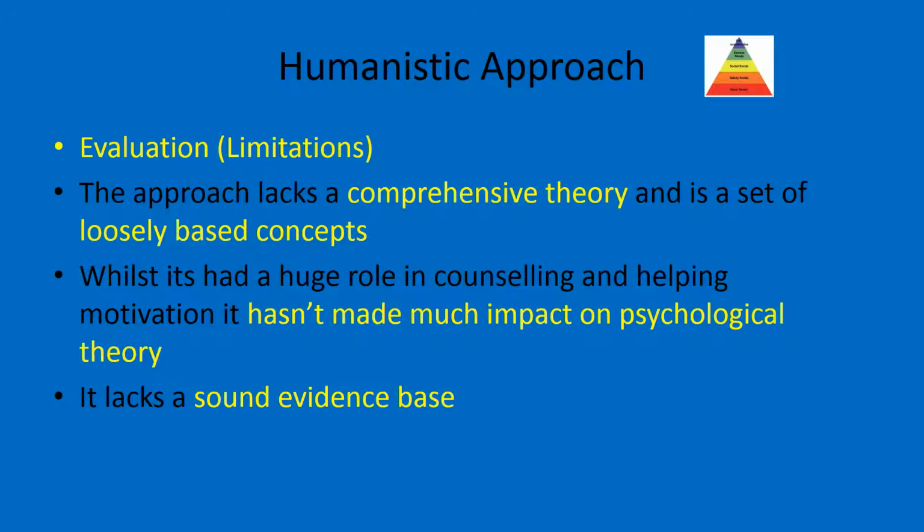You could compare it perhaps to the biological approach, which is based very much on a sound evidence base and has therefore had a much greater impact on psychological theory. So you can flesh out and add to these evaluation points very easily just by thinking about some of the other things that you've learned and the things that we've talked about in the AO1. I've just provided you with three very straightforward ones here.